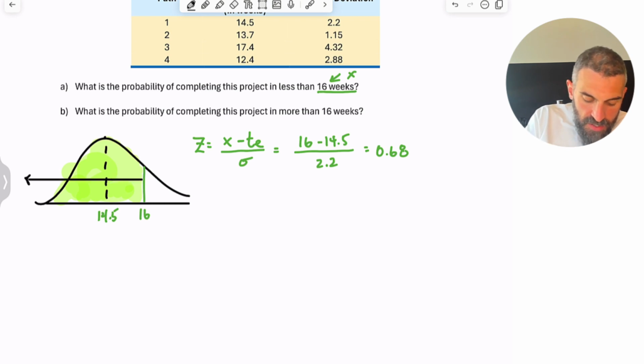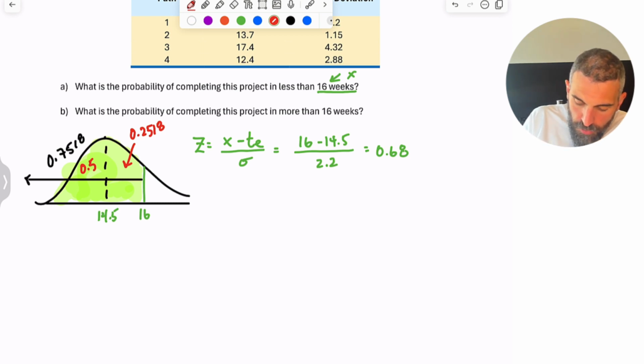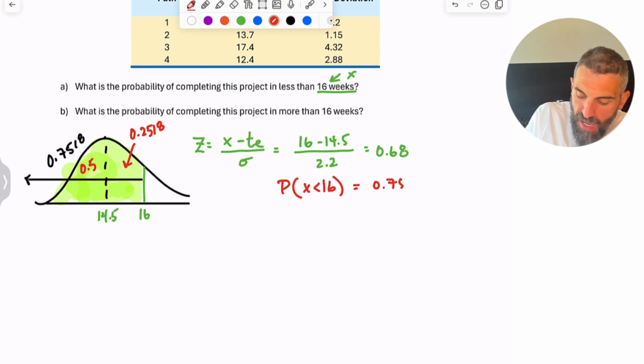So now I know that this is 0.7518, either because I used the double-sided table and it gave me that directly, or I used the one-sided table, found that this was 0.2518, and then I added 0.5 because I know that half the bell curve is always 0.5. So the probability that x is less than 16 is 0.7518, but that's only for the first path.